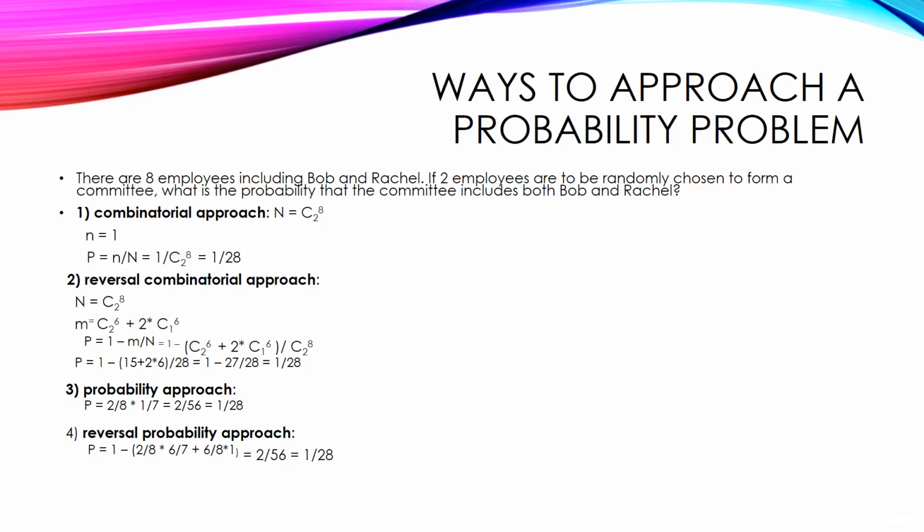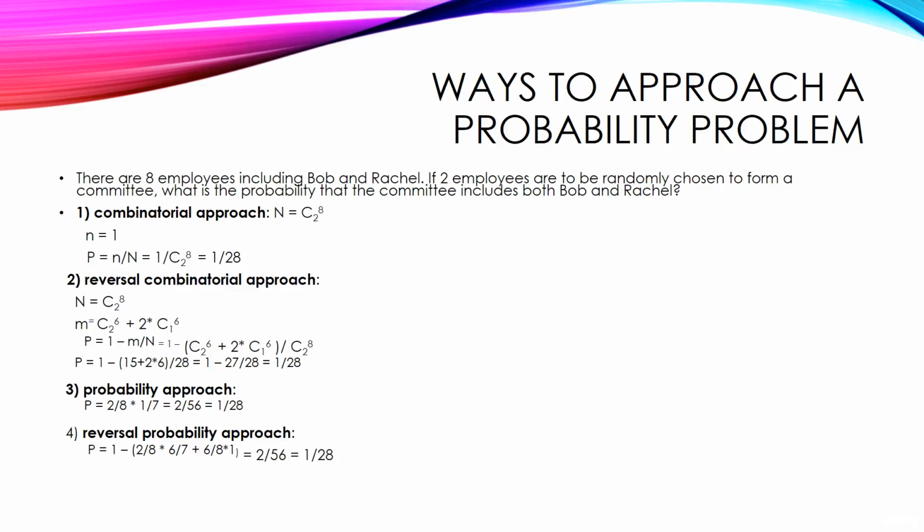The reversal combinatorial approach. Instead of counting the probability of occurrence of a certain event, sometimes it is better to calculate the probability of the opposite and then use the P is equal to 1 minus Q formula. The total number of possible committees is N is equal to 8C2.